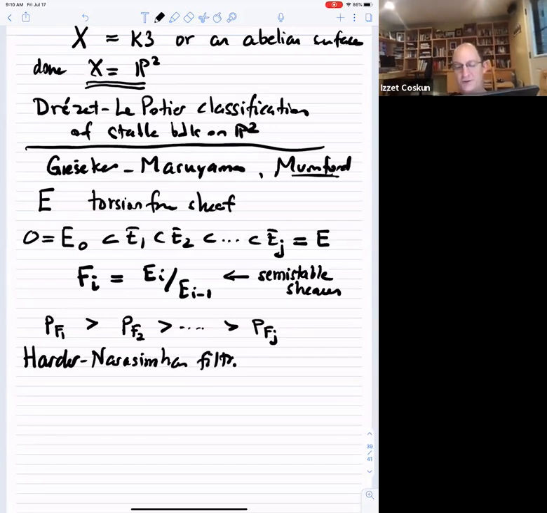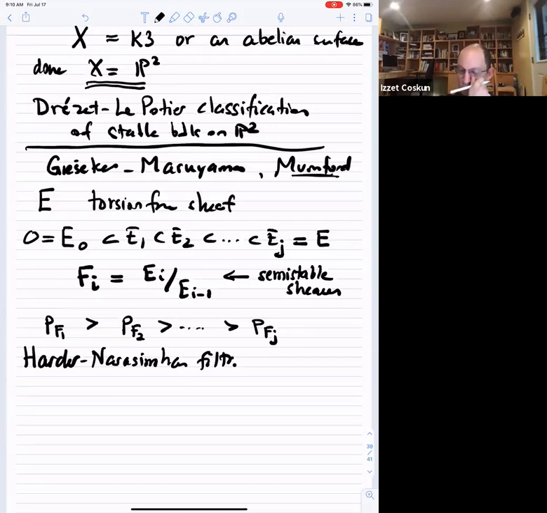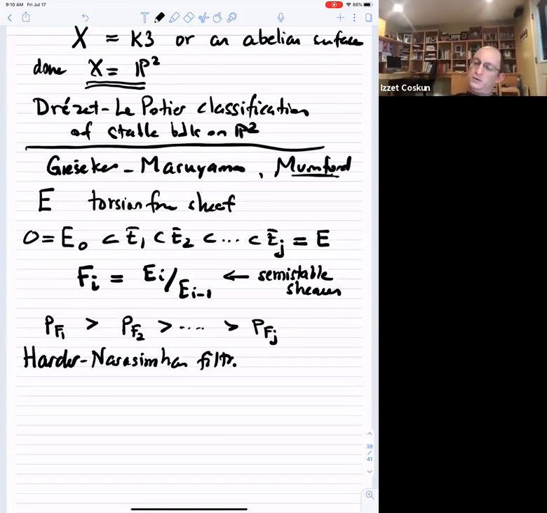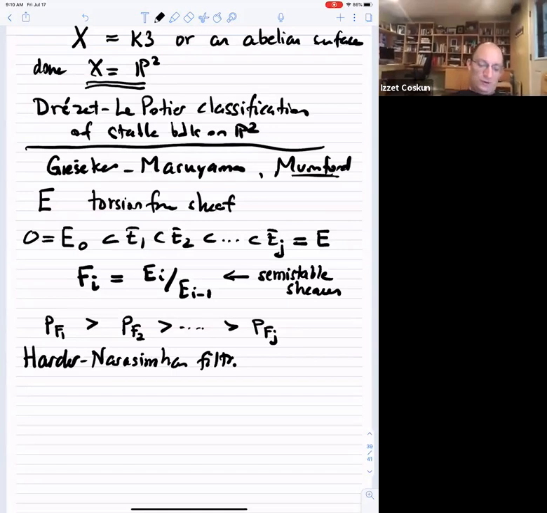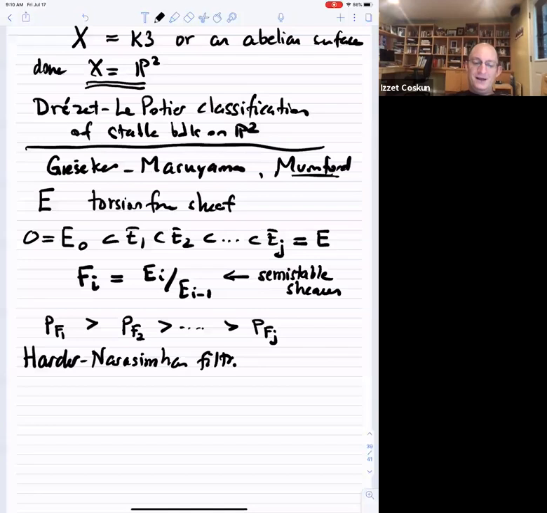And the way you construct this is basically the way you would think to construct it. You take your E and you find a subsheaf with the maximal reduced Hilbert polynomial. You make that your E_1, then you take the quotient and do it for that, and you take the quotient and so on and so forth.